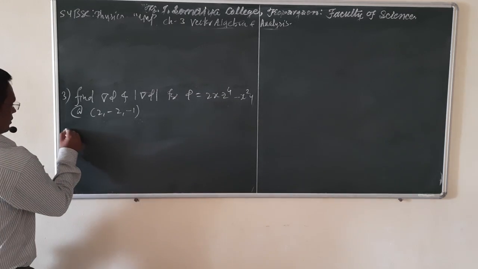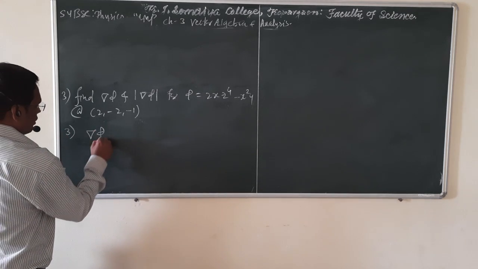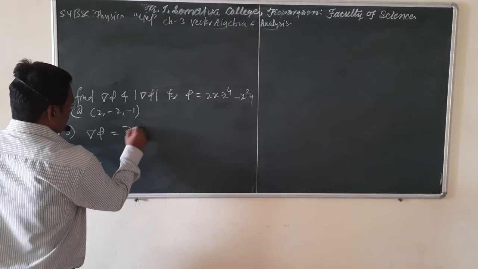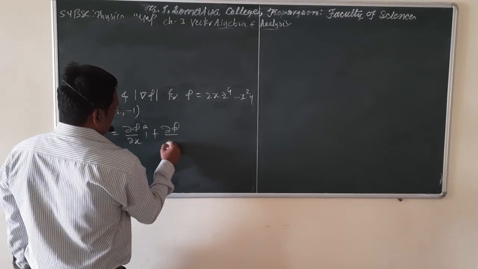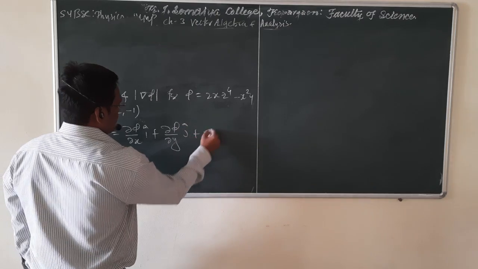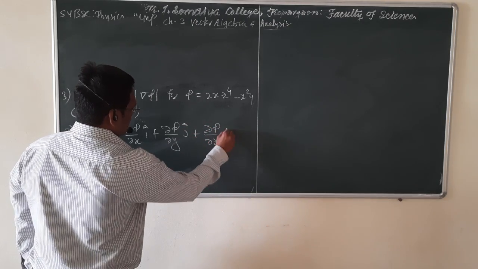By the definition of gradient of phi, we know that it is del phi by del x i cap, del phi by del y j cap, del phi by del z k cap.